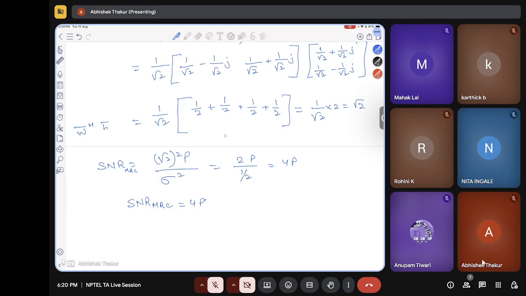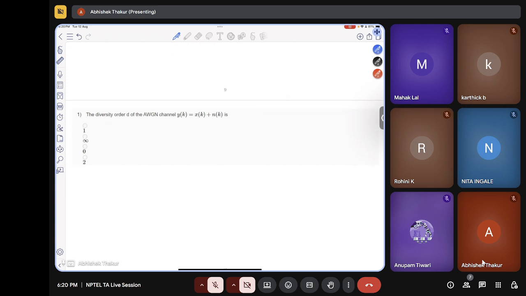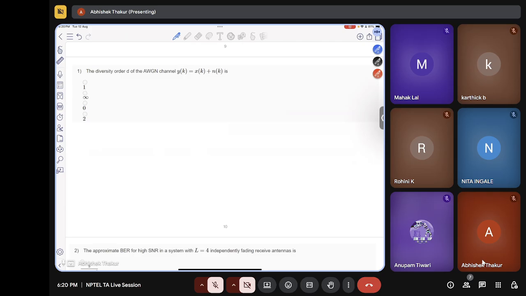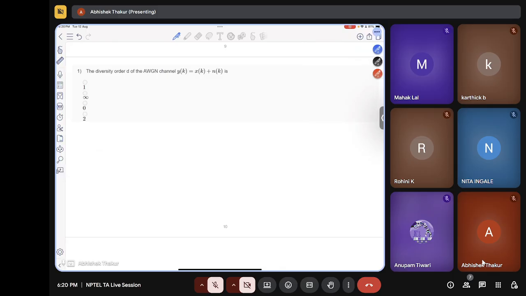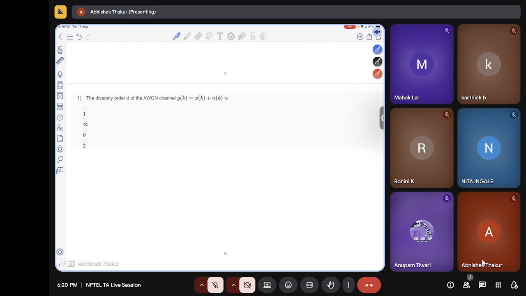So now we'll solve some questions based on the lecture series, and we'll use directly the formula and we will see the question. As all the formulas are derived in the classroom, so we will not go for the derivation. We'll directly see the formula and directly solve the question.